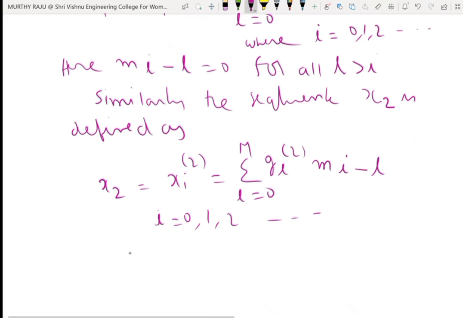Same analysis here: m of i minus L is equal to 0 for all L greater than i.